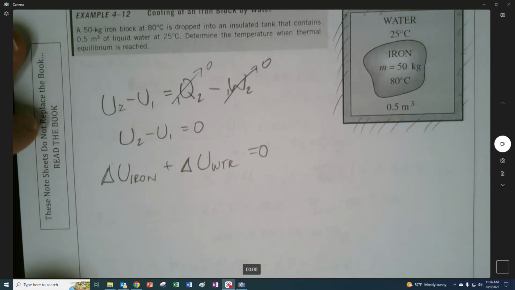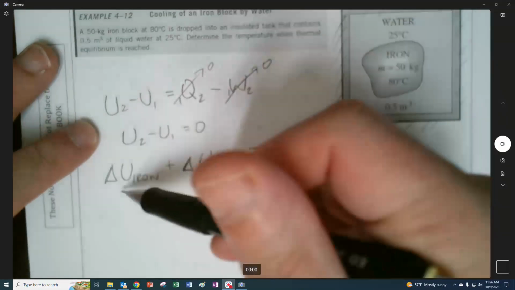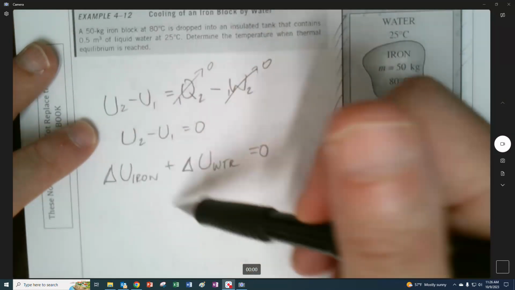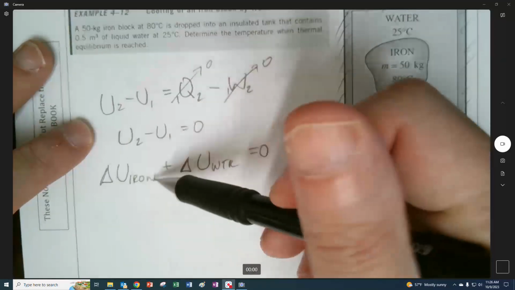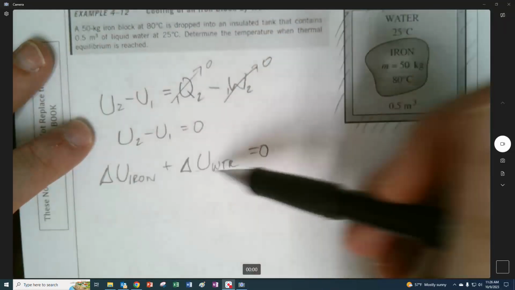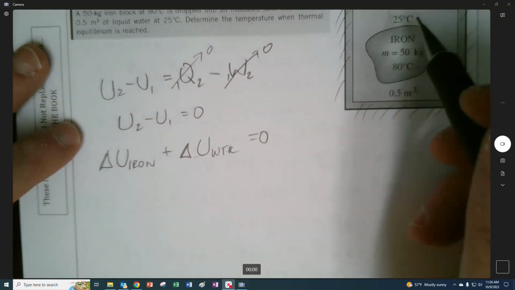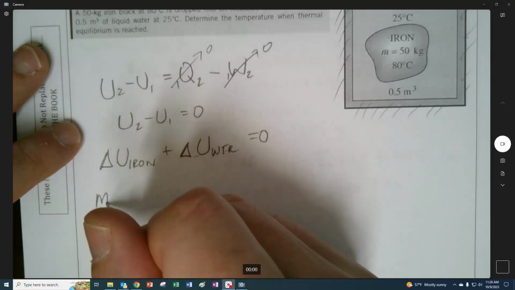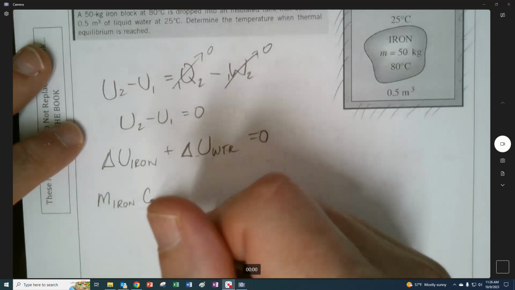That's a safe statement, right? That's really no different than saying this. It's just saying that the difference between these two and the difference between these two are going to be equal to 0. So it's not entropy, it's internal energy. My bad. I'm sorry.